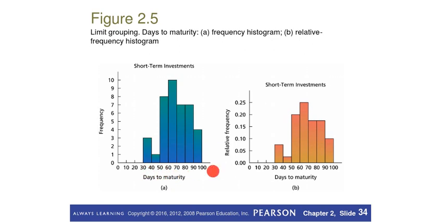These categories now could include all the values that were between 30 and 40, and we put them on this frequency. Right, so if we count the frequencies along the vertical axis right here, this is what it looks like. This is our frequency diagram for short-term investments, and here's our relative frequency for short-term investments. And notice that the vertical axis is marked in those percentages.